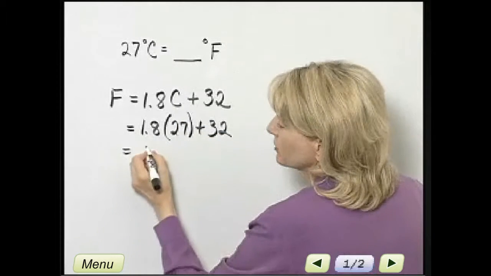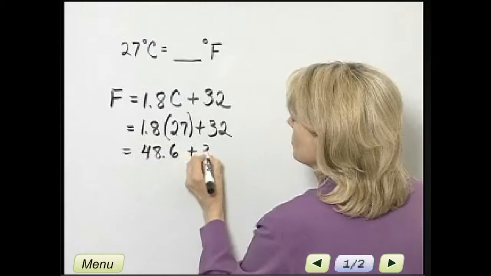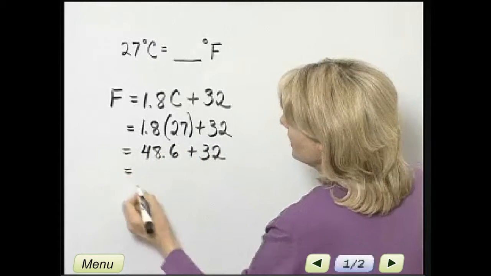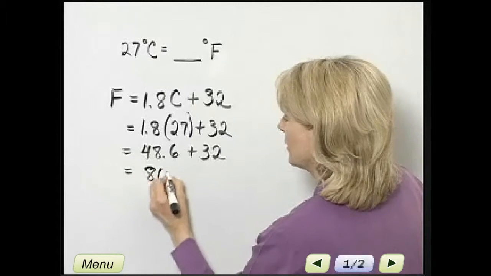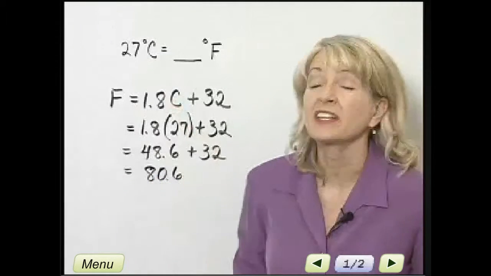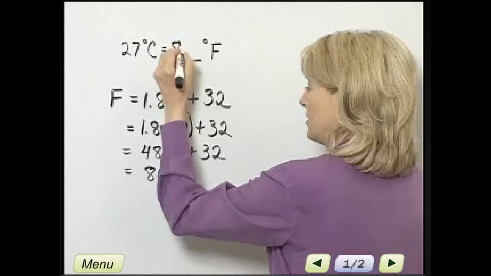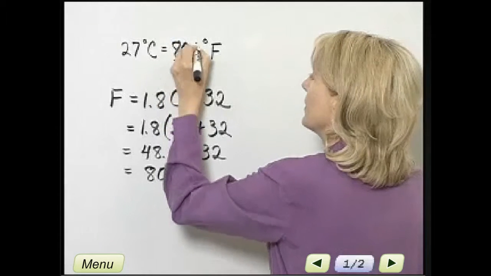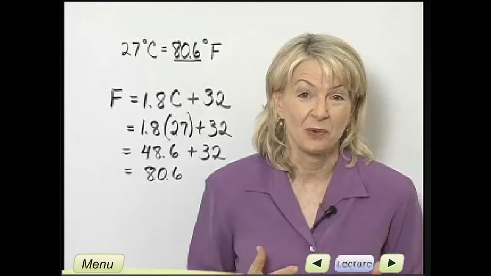If you multiply those two, you'll get 48 6/10 plus 32, and then just add those two and you'll have 80 6/10. So what does that mean? 27 degrees Celsius equals 80 6/10 degrees Fahrenheit. There we go.